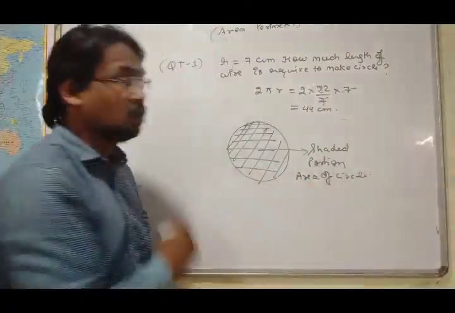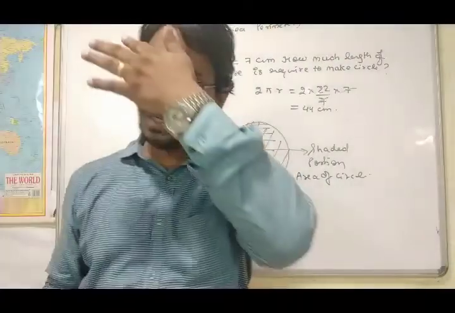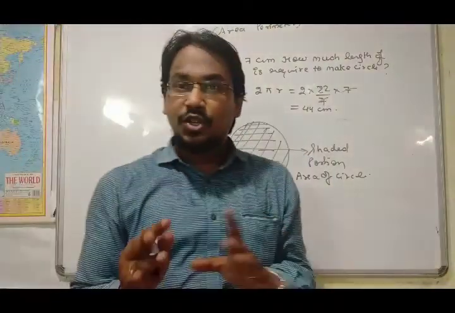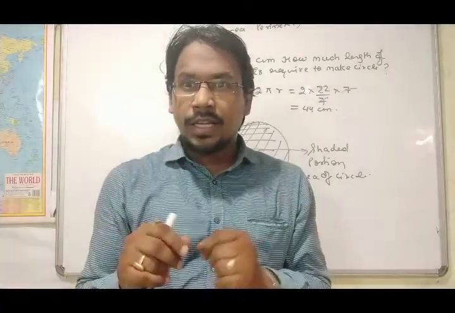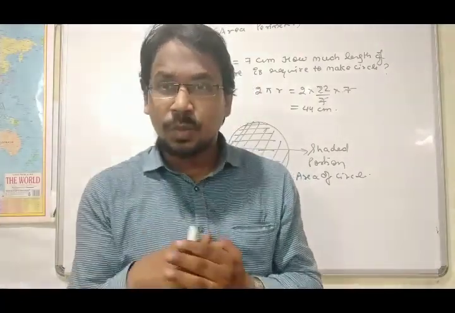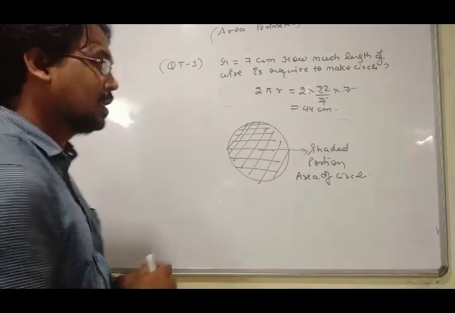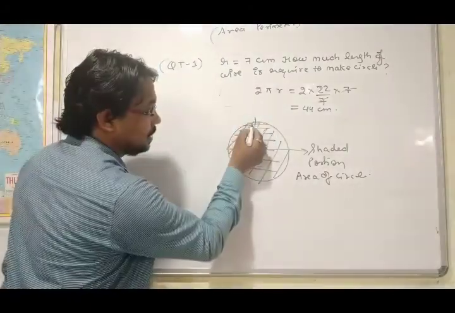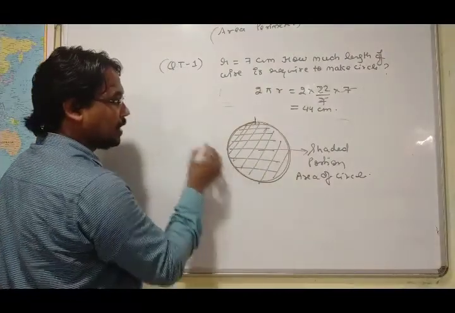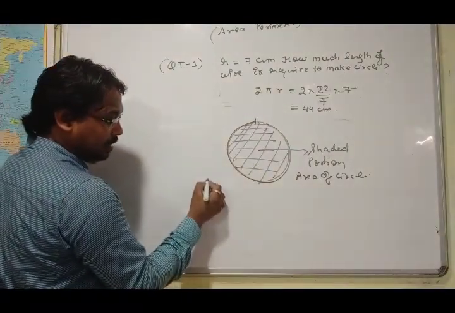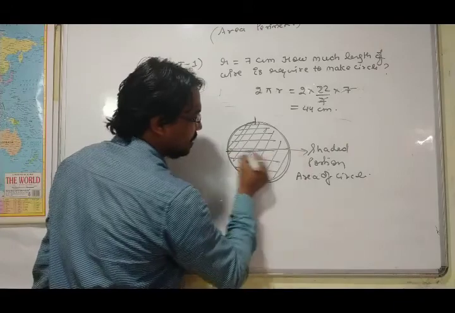So what we have to do now, we have to find the area of circle. Actually, that rectangle area you have read in your previous class, length into breadth. Let's suppose this is circumference. So I am writing here, let's suppose, semi circumference.